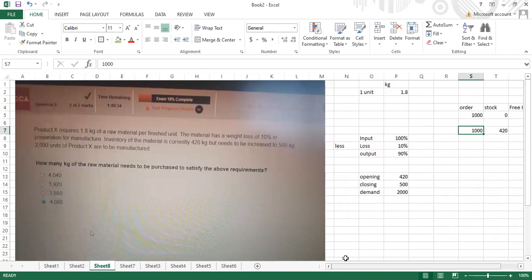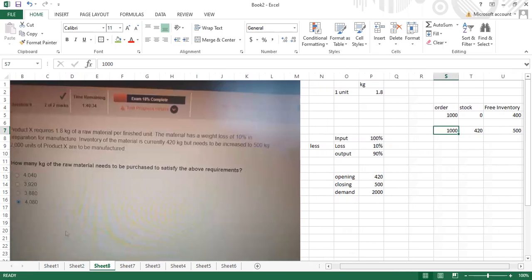Demand is 2000. And remember one point, don't make this mistake. It's the demand: 2000 units of product X are to be manufactured, so that many have to be made. This is what you're supposed to do, that 420 kg needs to be increased.